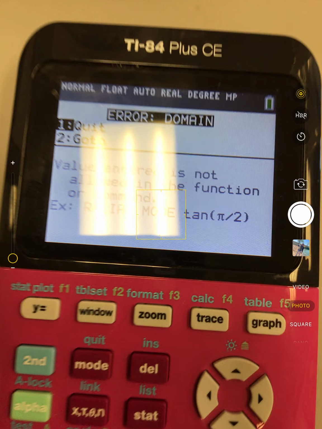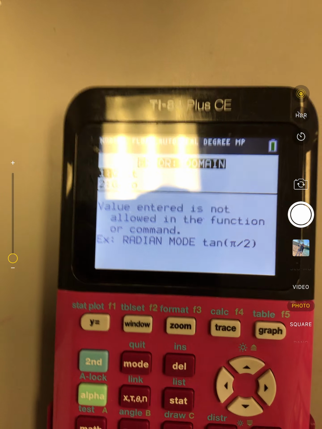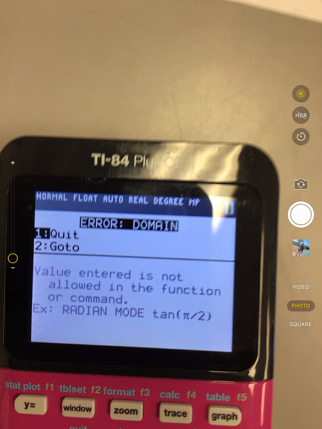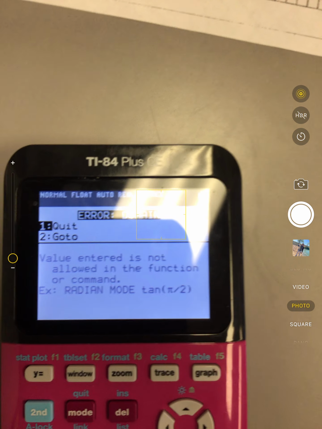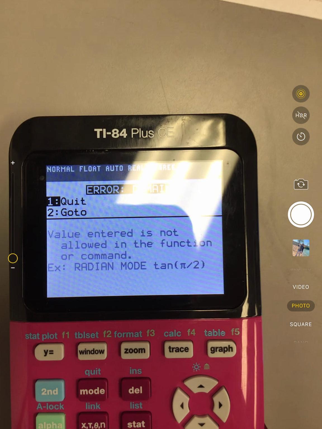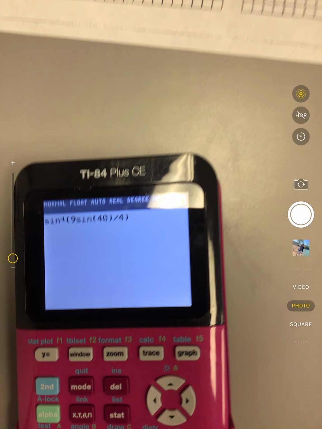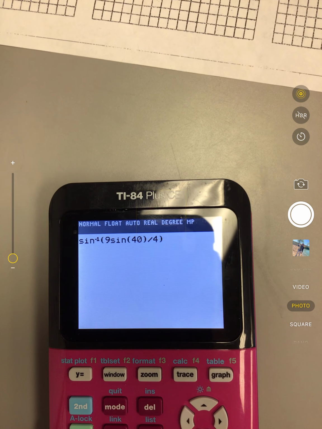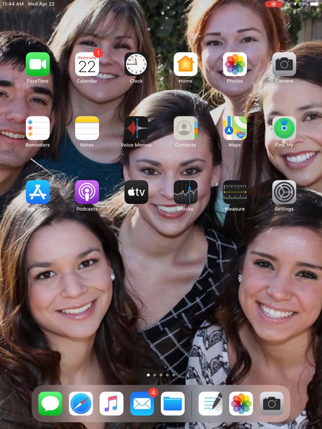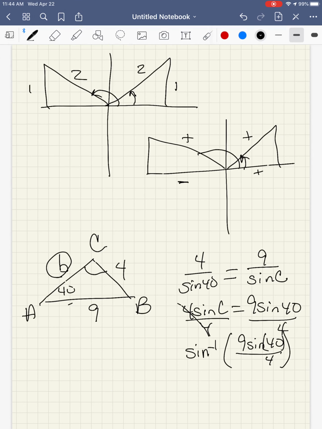Now, of course, if I got something like this, the first thing I would do is go back and check to make sure that I had entered my information in correctly. So I'm going to show you what I did put in. I put in exactly what we had on the paper, and it gave us an error, which is fine. That tells me simply that there is no such triangle with these values.